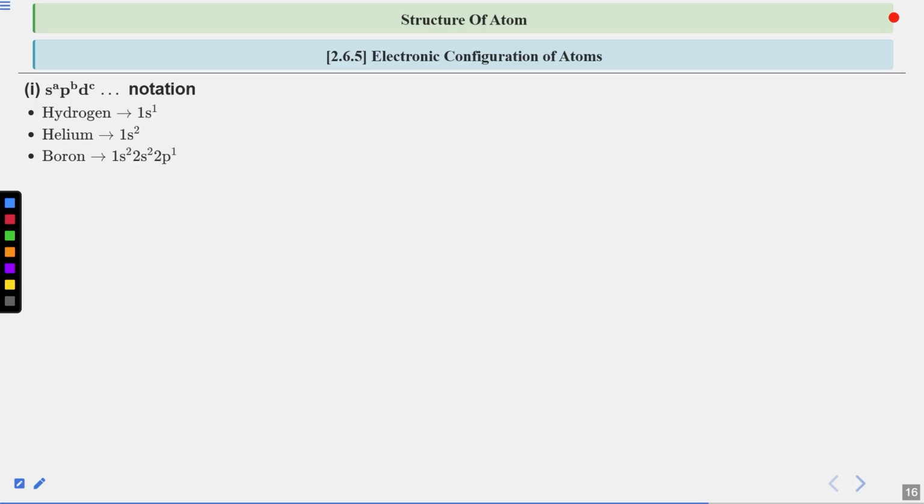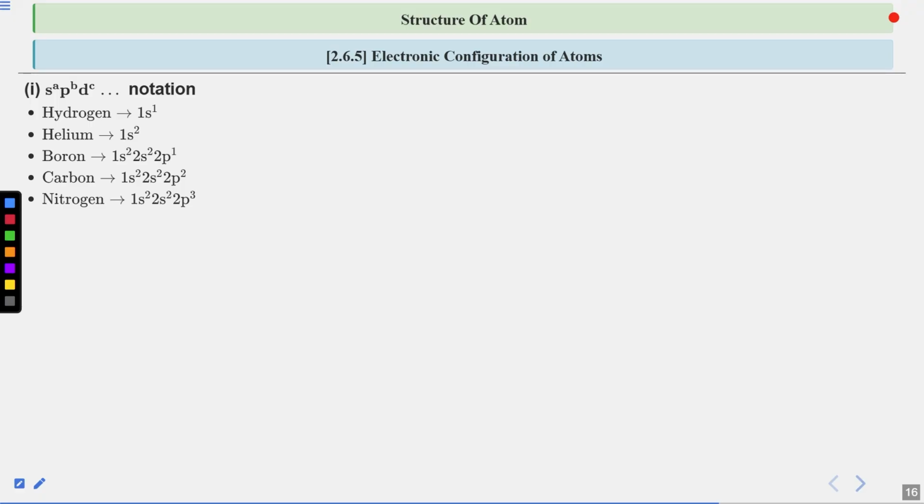For boron, it will be 1s2, 2s2, 2p1. And then for carbon, it will be 1s2, 2s2, 2p2. So basically, we are filling electrons in the order of increasing energy, where we are deciding the energy with the help of the n plus l value. So this is the electronic configuration.